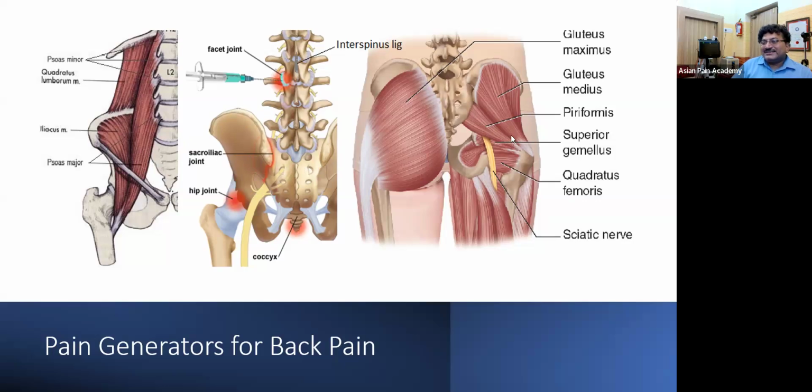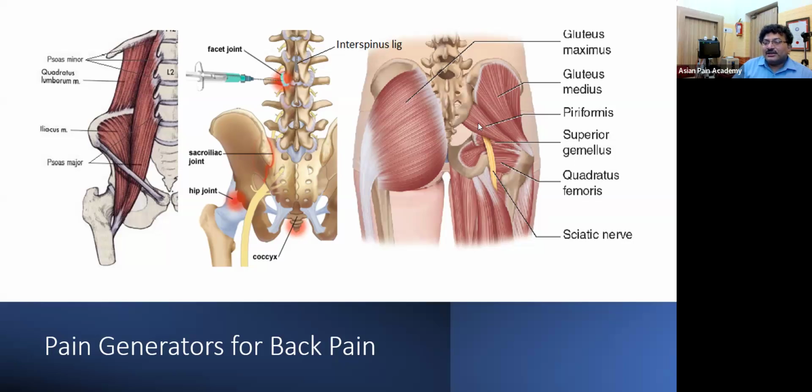Now, there is another term, previously known as piriformis syndrome, now called deep gluteal syndrome, that could be a cause of the pain. Piriformis is one muscle that originates from the anterior part of the sacrum at S2, S3, S4 and goes to attach to the greater trochanter. And just below this piriformis muscle, there is a nerve known as the sciatic nerve.